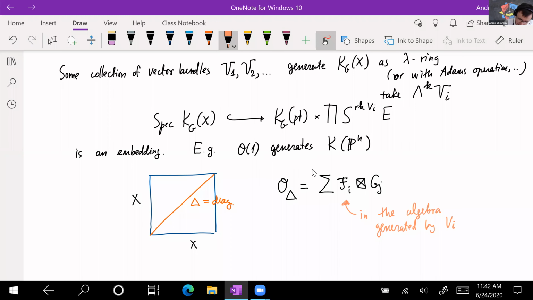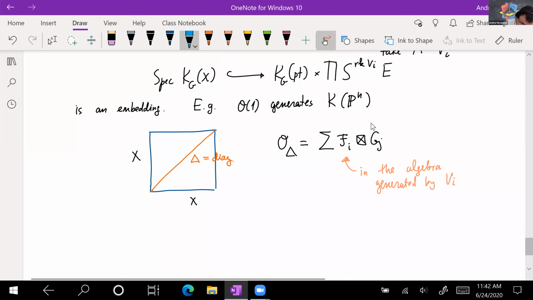But if the diagonal is of this form, it means every K-theory class is in the span of these. So this proves it spans K-theory. If I have a resolution of the diagonal, it not only proves something generates, but actually gives you that it spans, because if I apply this correspondence, I see that everything whatsoever is in the span of the F_i's or in the span of the G_j's.